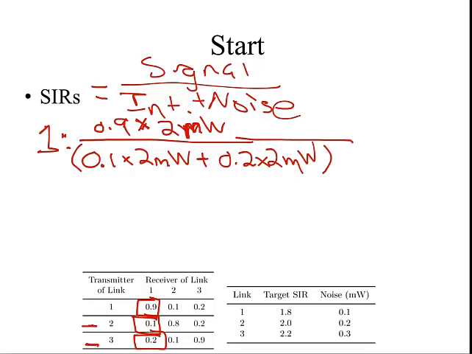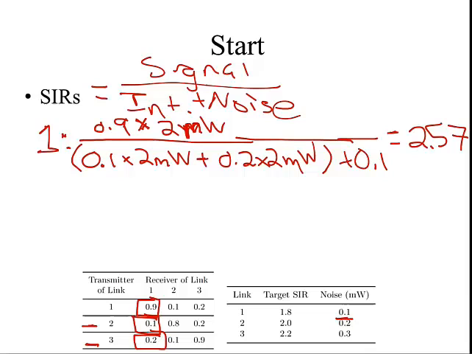And then we have to add the noise part of it, which is this 0.1 over here. And if we do that calculation out, we get about 2.57.